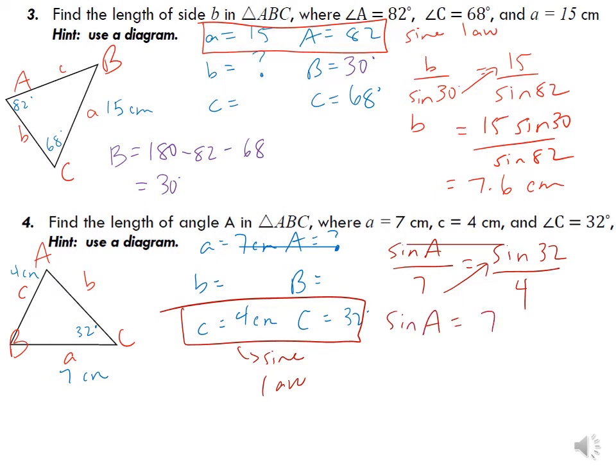sine A equals 7 sine 32 over 4. And remember, when you're looking for an angle, you don't just type that in with a sine. You got to do sine inverse. 7 sine 32 over 4 in brackets.